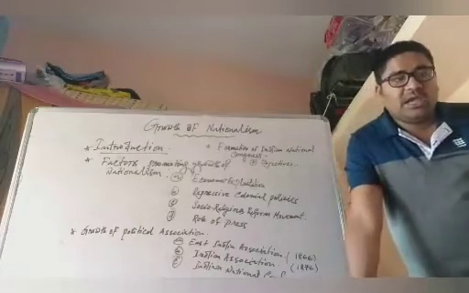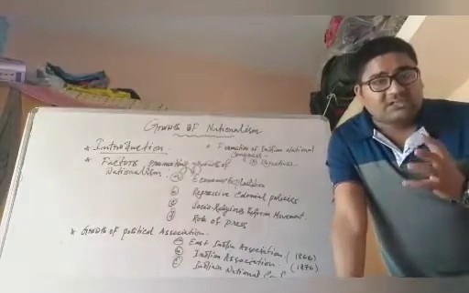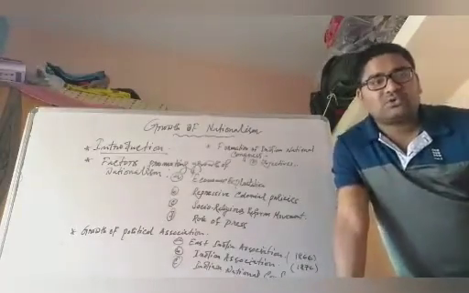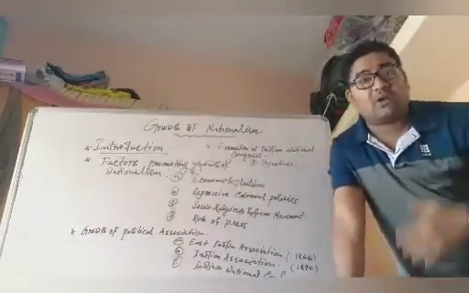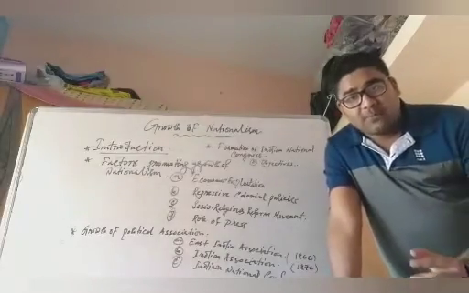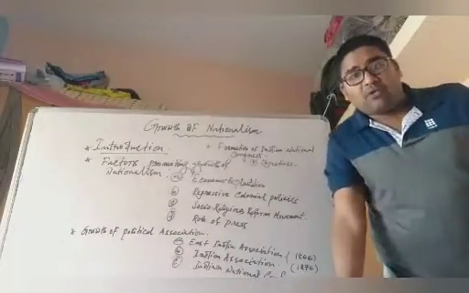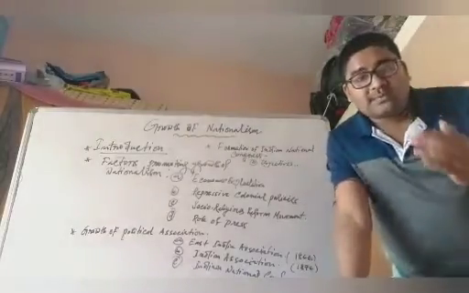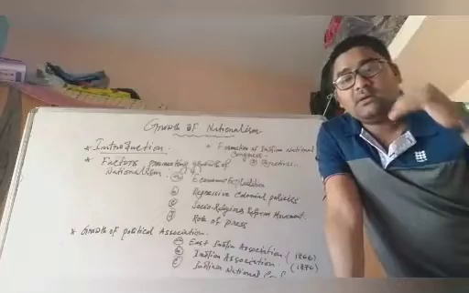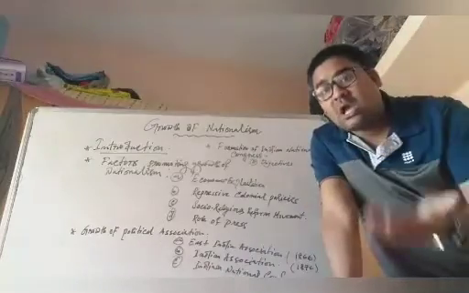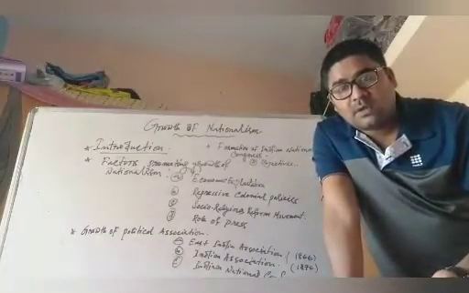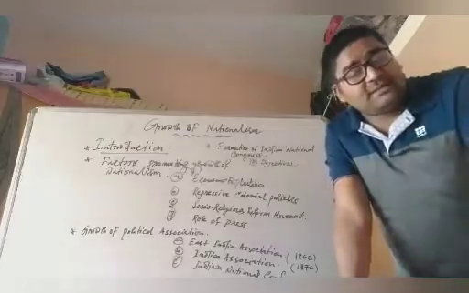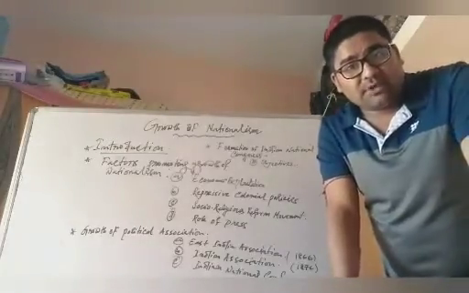Next is number three, it made possible the exchange of views among different social groups from different parts of the country and the organizing of political movements. Next, number four, it made Indians aware of what was happening outside their country, that means in the world. So these were the important factors behind the growth of nationalism.